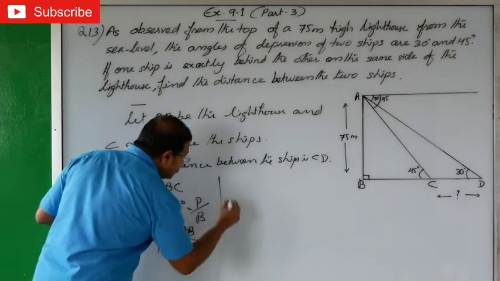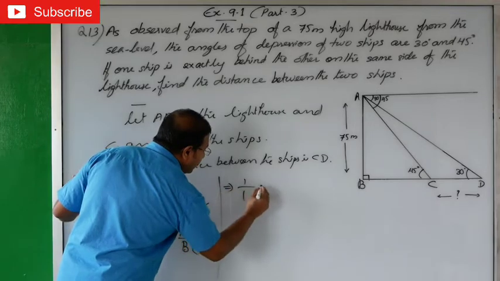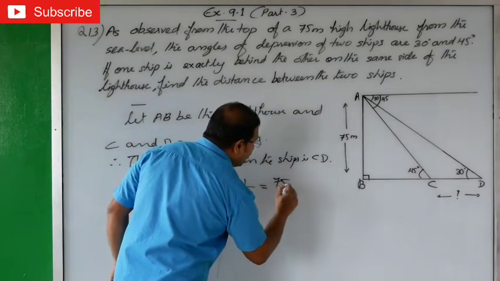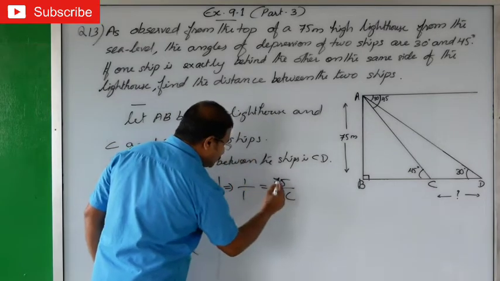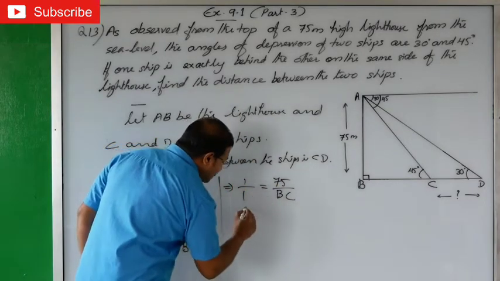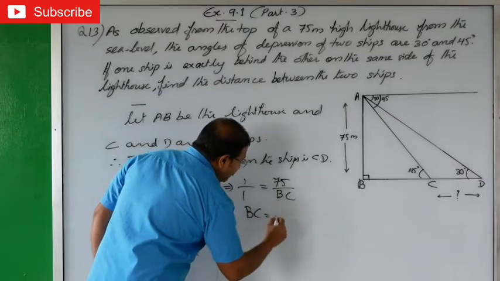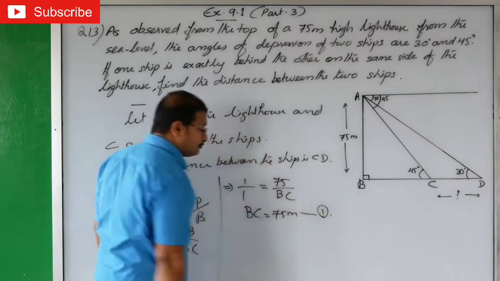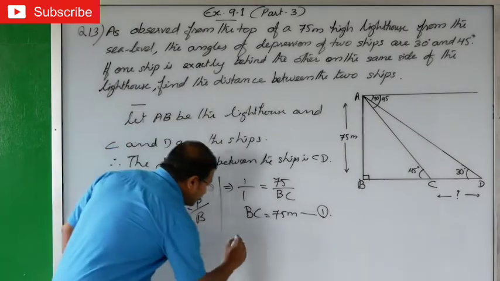Ready? This implies 1 by 1 equals the value of AB 75 by BC. Now cross multiplying, that means 1 into BC, BC equals 1 into 75, 75 meter. This is equation number 1. Ready? Now we'll consider the next triangle.